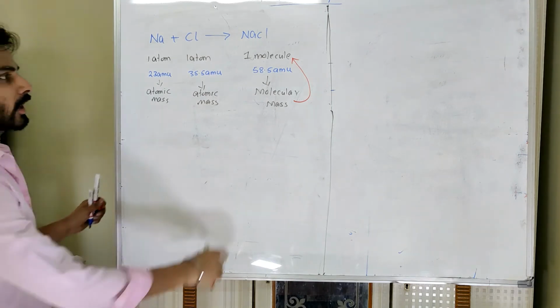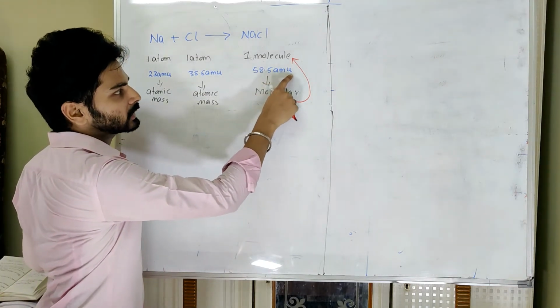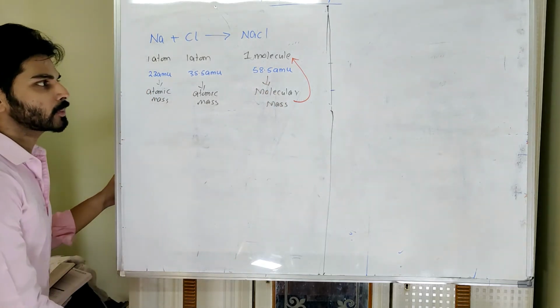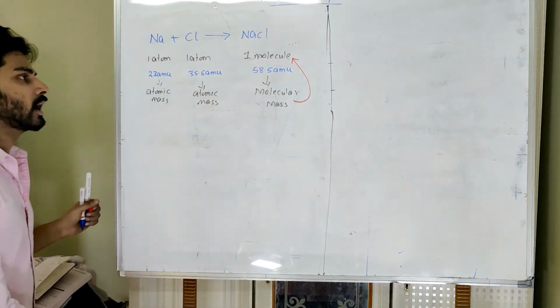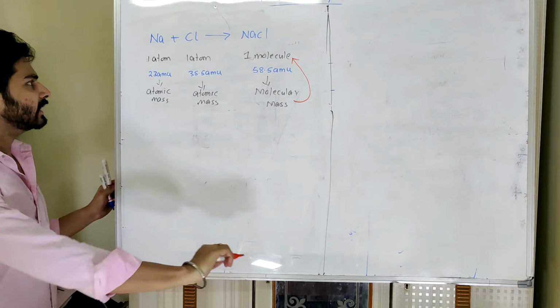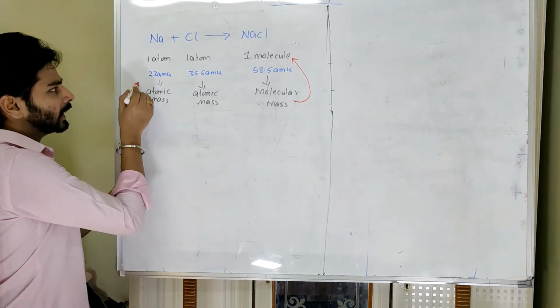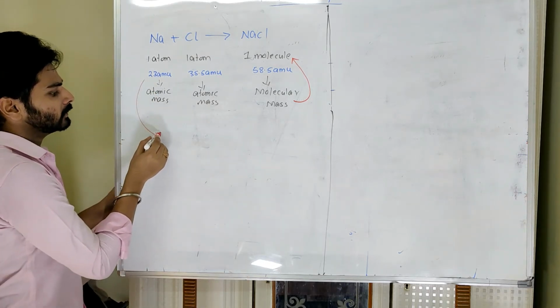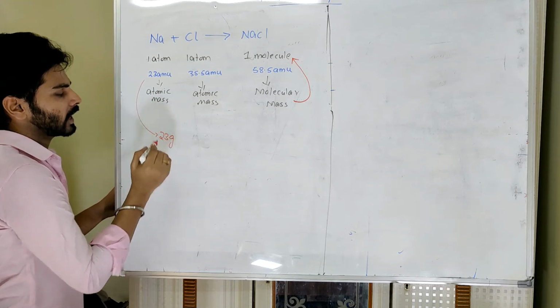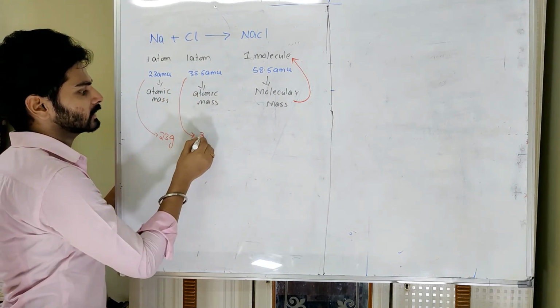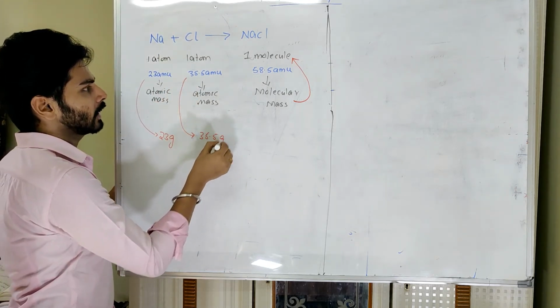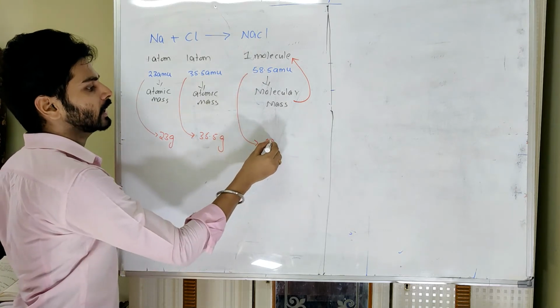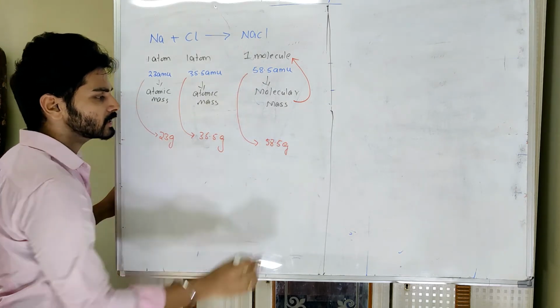Now can we express this in gram? Yes, just by multiplying by 1.67 into 10 raised to minus 24 will convert that into gram. So if I increase the count, if I say this same thing as 23 gram, this as 35.5 gram, and this as 58.5 gram, now what has been changed here?